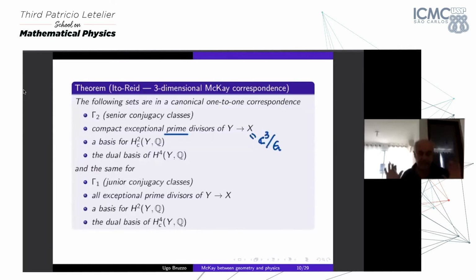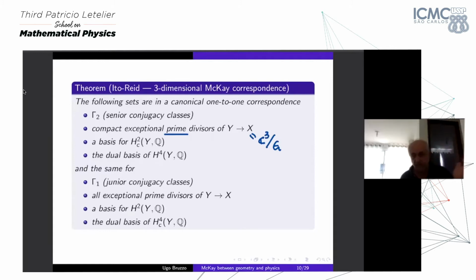Again, we have this quite striking, from my viewpoint, correspondence between the structure of the group and the geometry of the resolution of singularities. Which, by the way, in general in 3 dimensions is not unique.